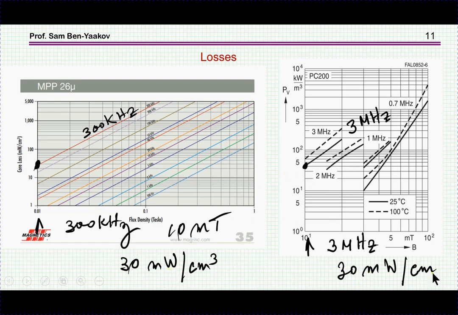This again should be centimeter cube. So we see that for high frequency, the ferrite core is much better in terms of core losses than the MPP core with a distributed gap or iron powder type of core. So this is one consideration we have to take into account.